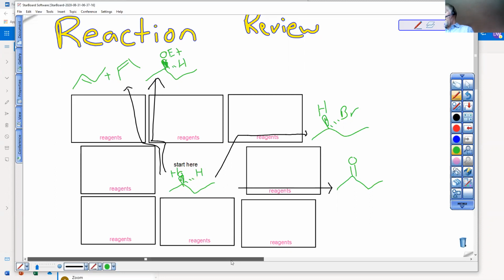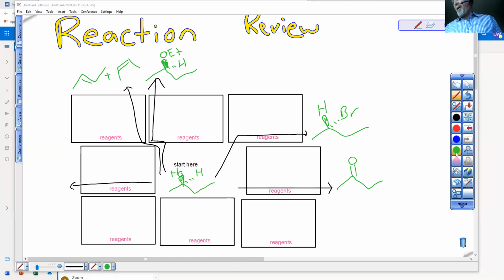And sometimes we're asked acid-base questions. If I wanted to make that alcohol into an alkoxide, yeah, a little messy here.